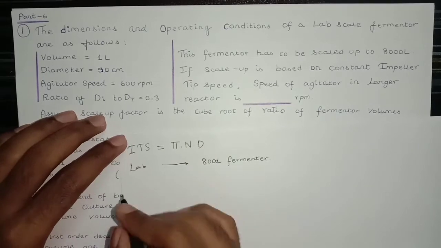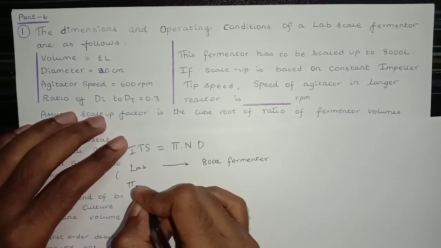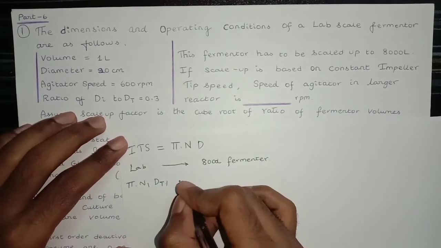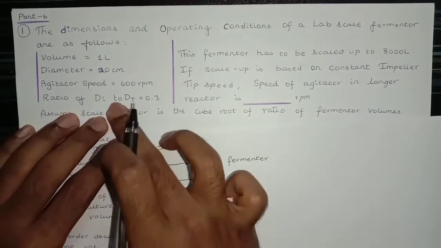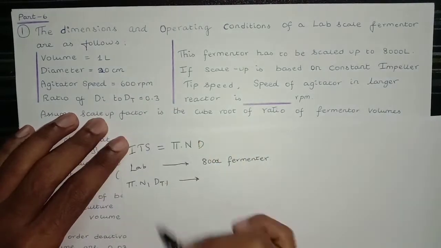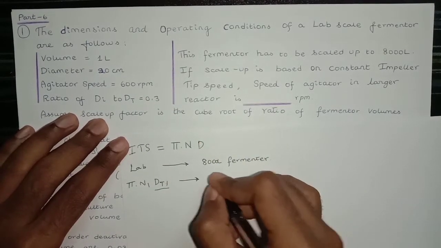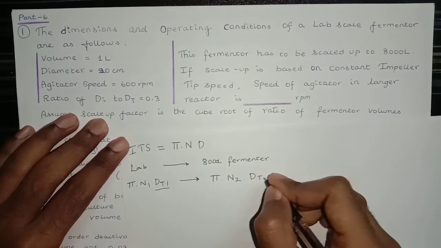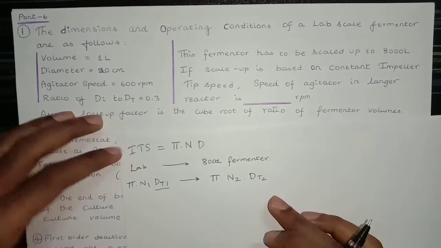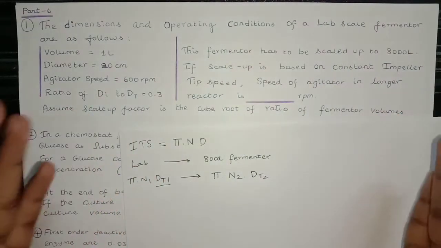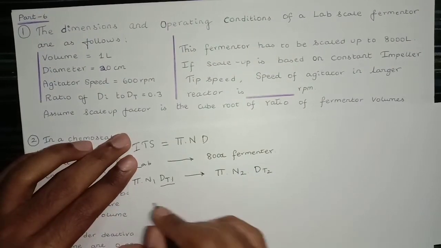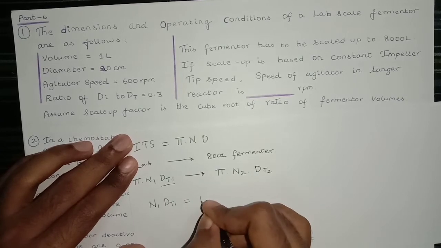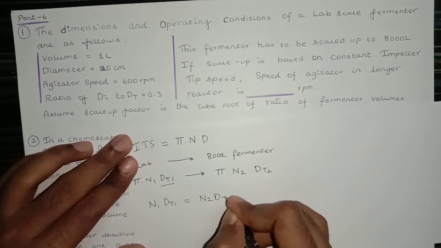The ITS for the lab scale is pi times n1 times d tank 1, which is 0.3 the diameter of the impeller. Similarly pi n2 times d tank 2, for the 8000 liter fermenter. So we get n1 dt1 is equal to n2 dt2.